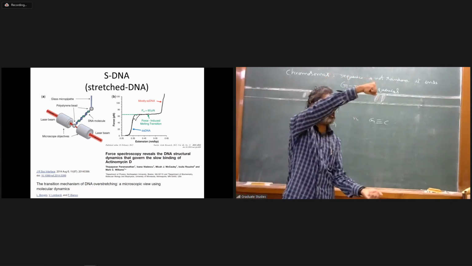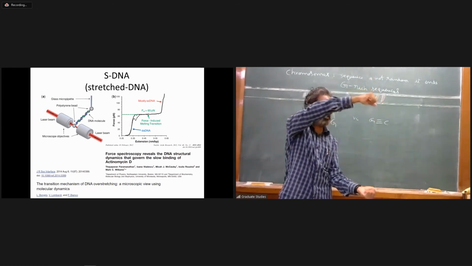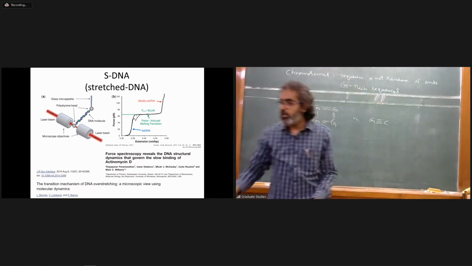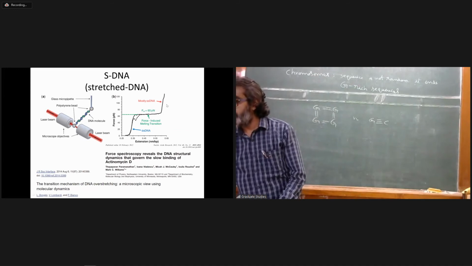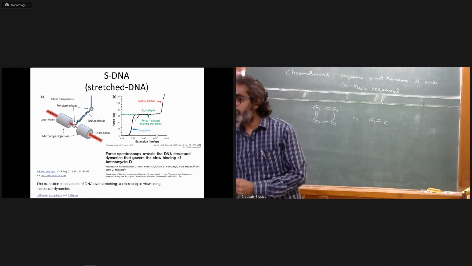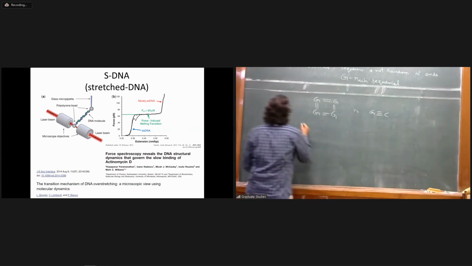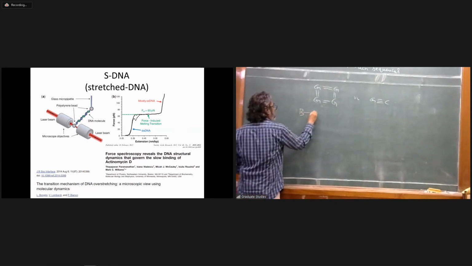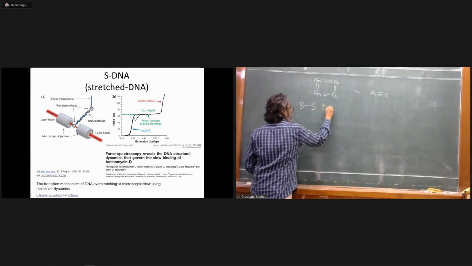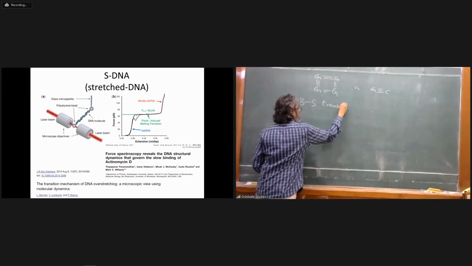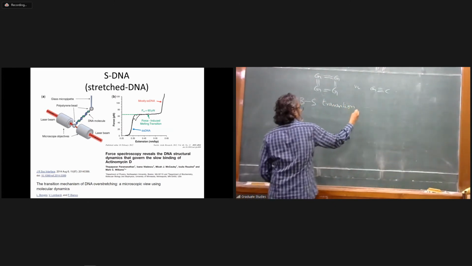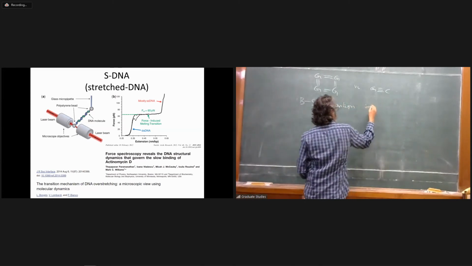But once all bases are extended, there is nothing else to play, and then single-stranded DNA again will show slightly different behavior. This is sometimes called the B to S transition. This is a well-known transition now, the BS transition, in DNA.